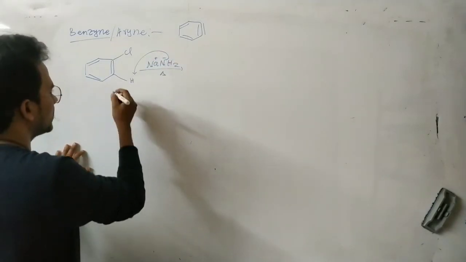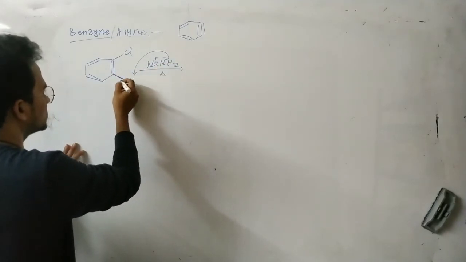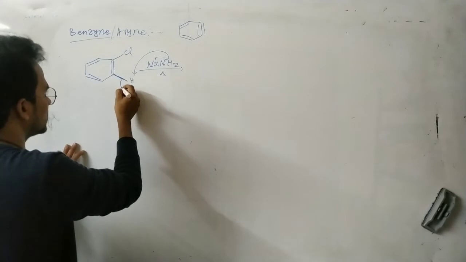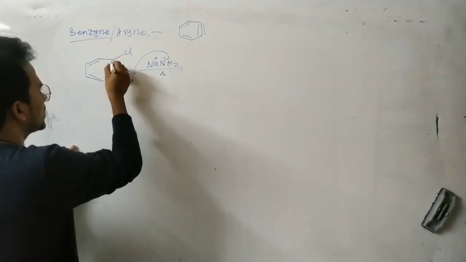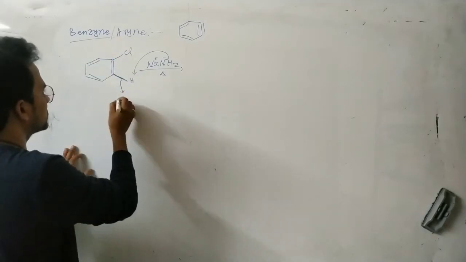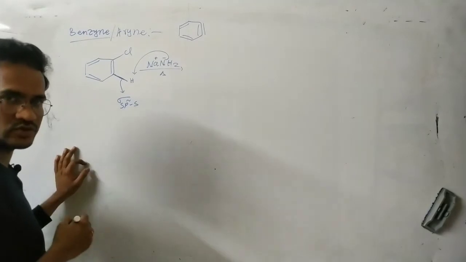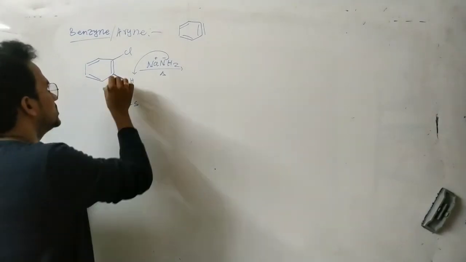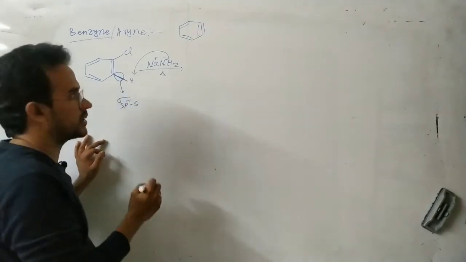and before this NH2 minus attacks, let us try to know about this bond. Here all are sp2 carbons. So this sigma bond is the sp2-s bond, where the sp2 hybrid orbital and the hydrogen s orbital are involved in the overlapping.